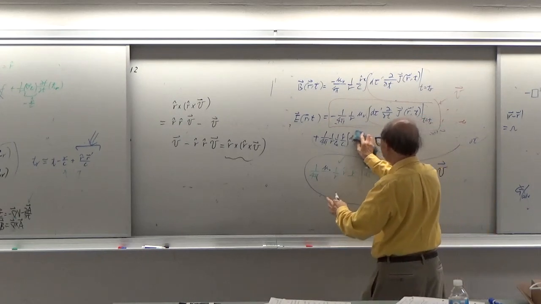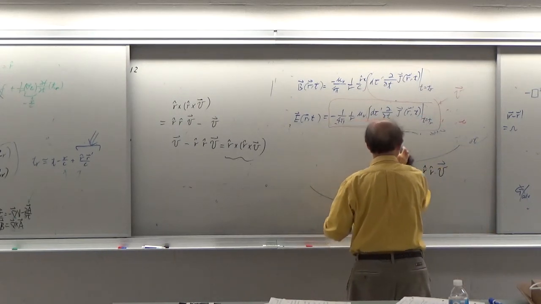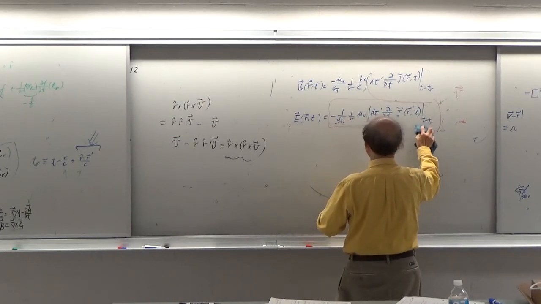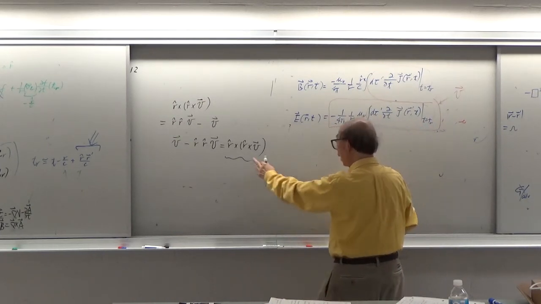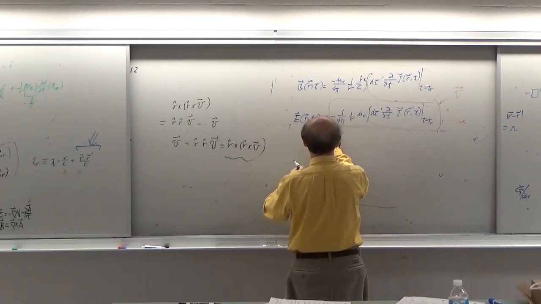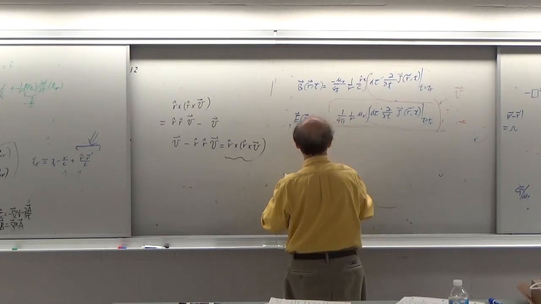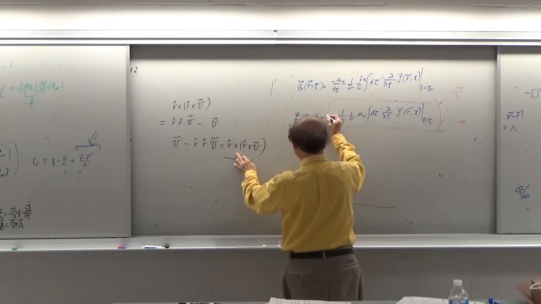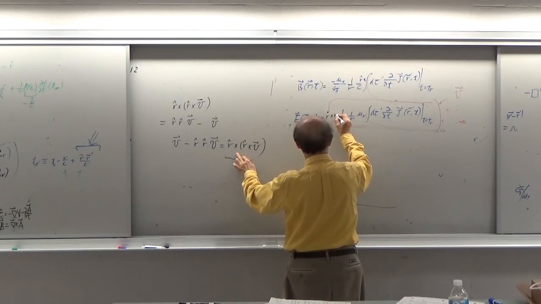So these two terms combined to be V times, now there's a minus sign, a minus sign of r hat cross r hat cross this.